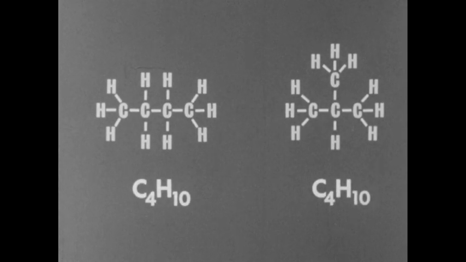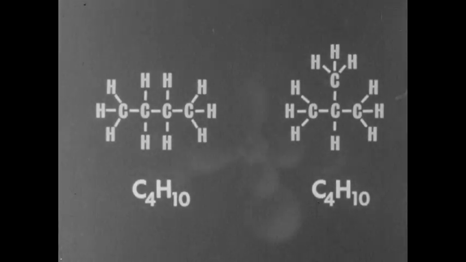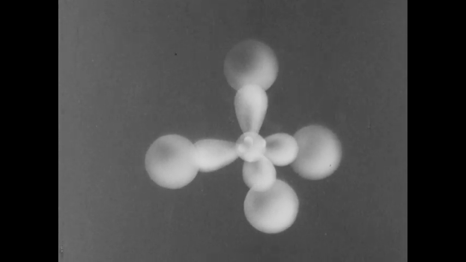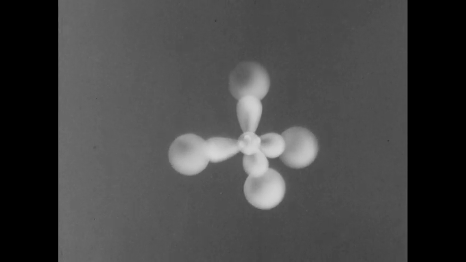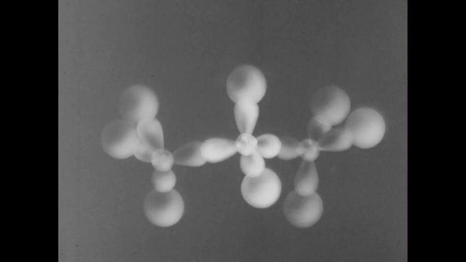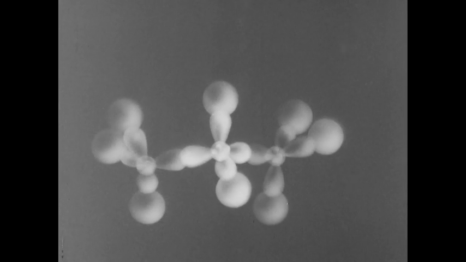The molecular formula of each is the same, C4H10. One reason for these alternate structures lies in the fact that the 4 hybridized orbitals extend in different directions in the carbon atom. When 2 or 3 carbon atoms bond together, there's only one possible structural arrangement. But when 4 or more are bonded, then variations become possible.